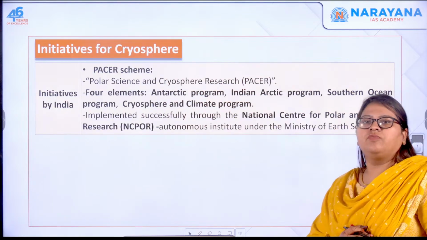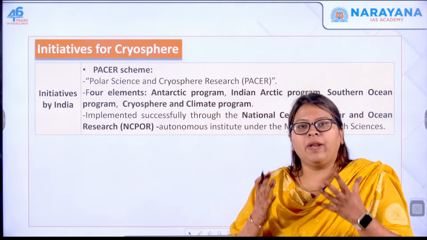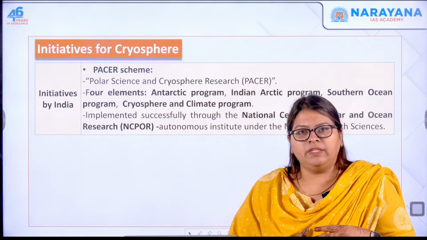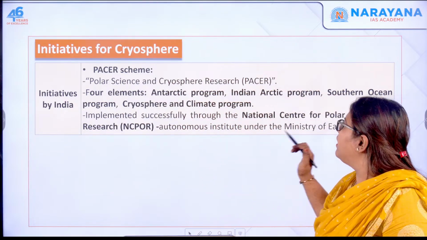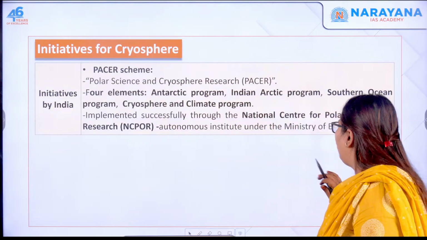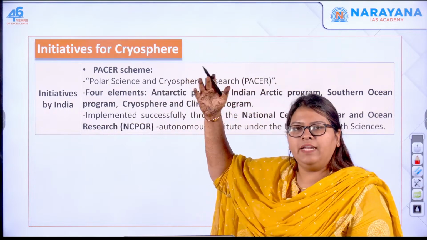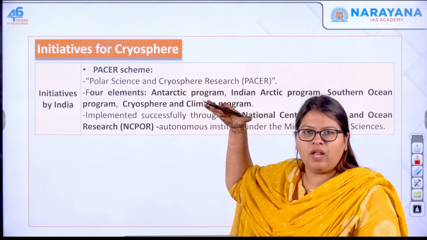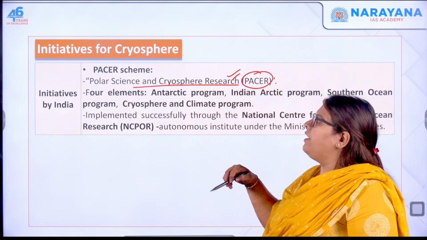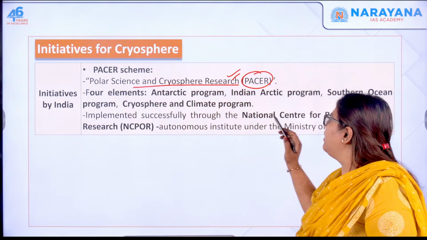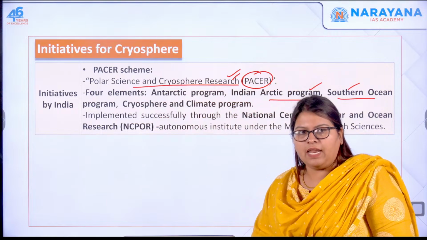Here there is one more called the PACER scheme. The PACER scheme is an umbrella term which has 4 components: the Antarctic, the Indian Arctic program, the Southern Ocean, and the cryosphere and climate program.